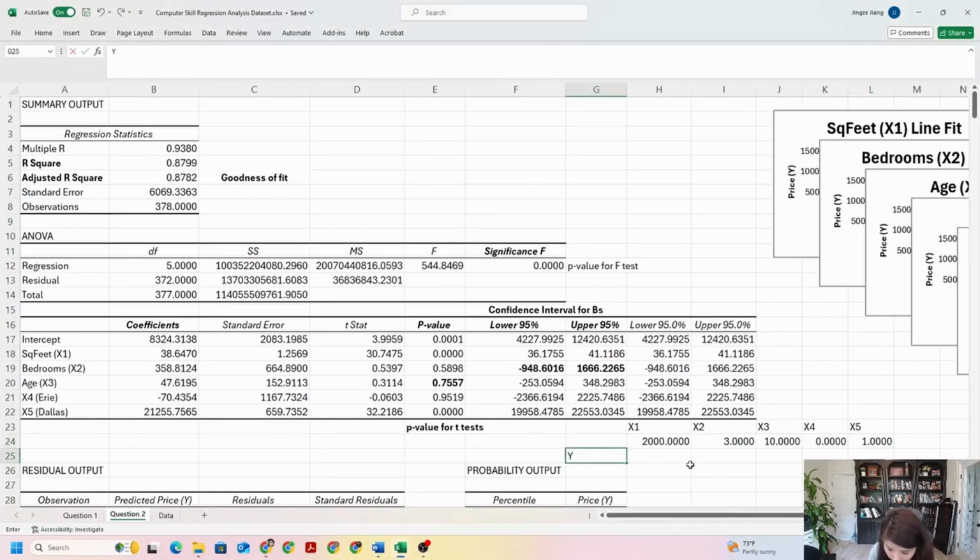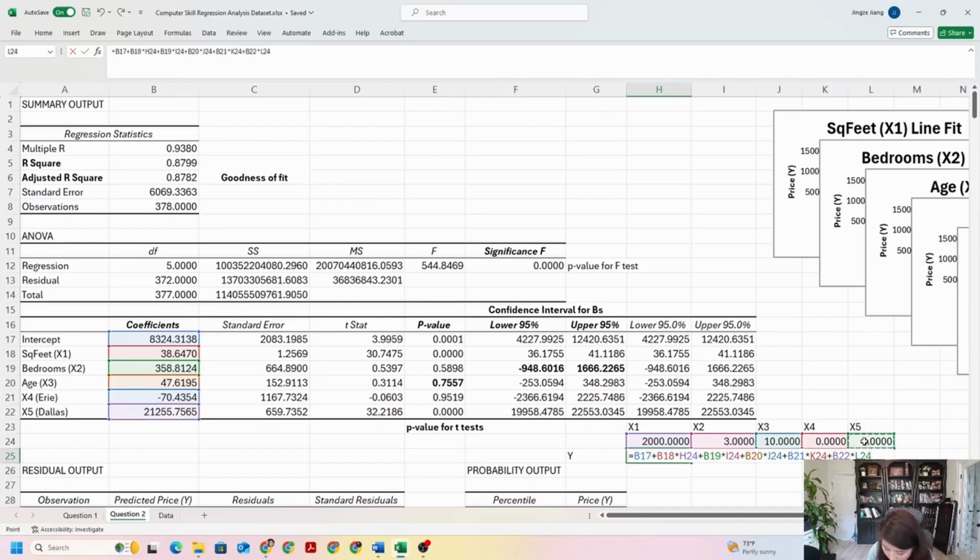So my estimate y will equal, remember that equation, the y-intercept plus b1 times x1 plus b2 times x2 plus b3 times x3 plus b4 times x4 plus b5 times x5.